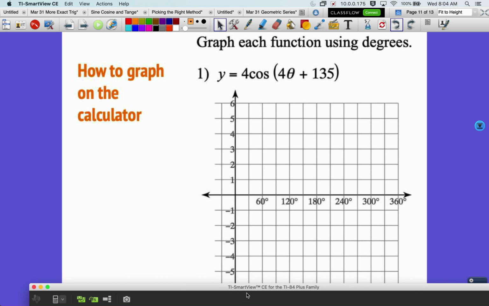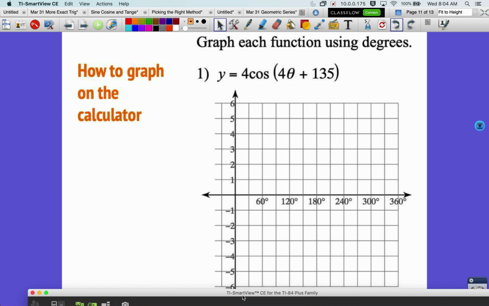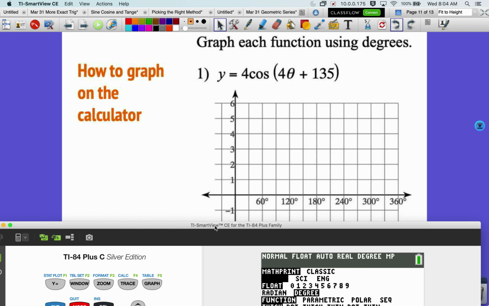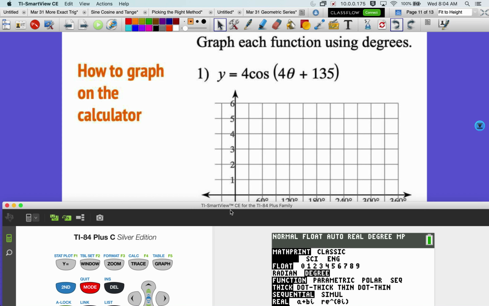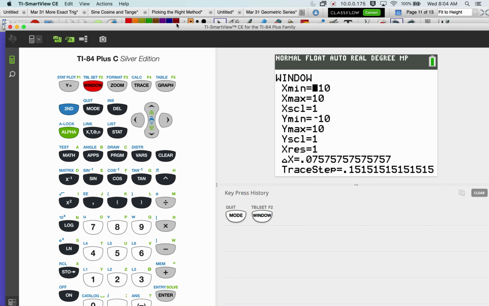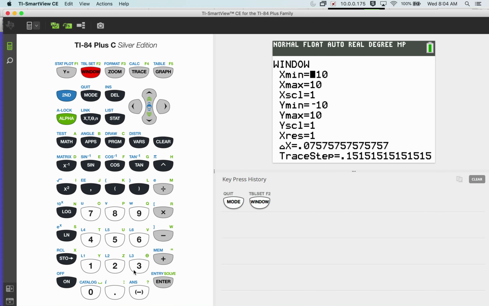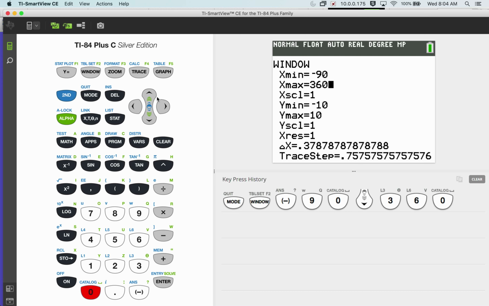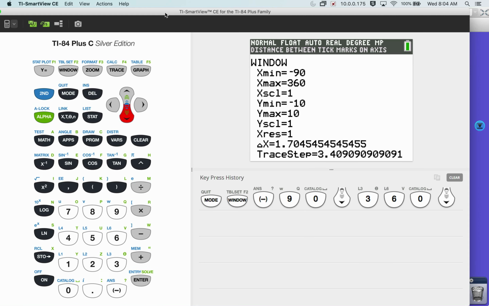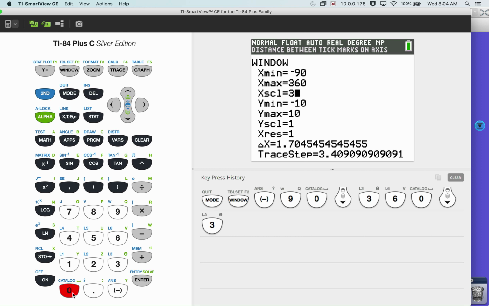All right, now I want to make my window match what I'm seeing here. So on the y-axis, I'm going from -6 to 6. On the x-axis, I'm going from some negative value all the way up to 360. So I'm going to press window. I want my x to go from, we'll say -90 up to 360. And they've got boxes every, looks like 30 degrees. So you can do 30 for your scale.